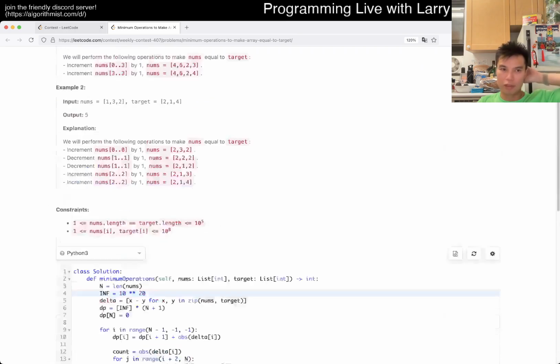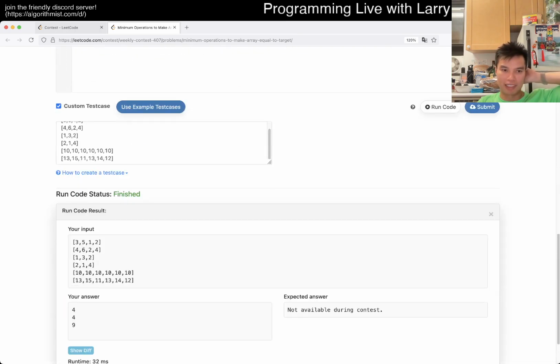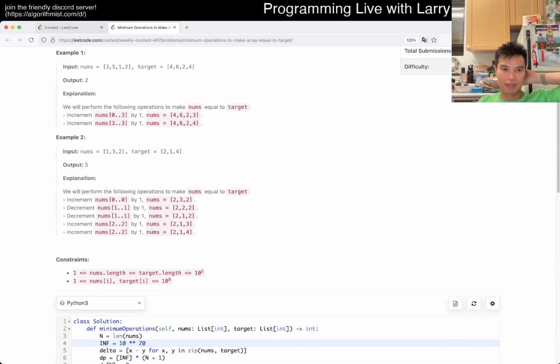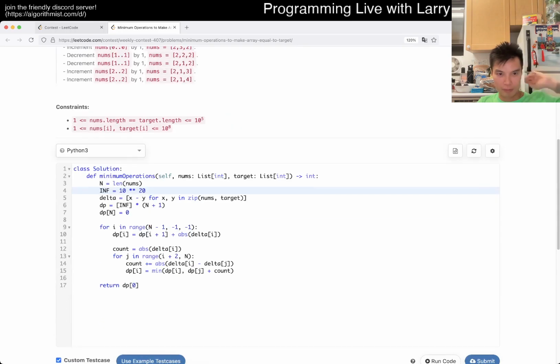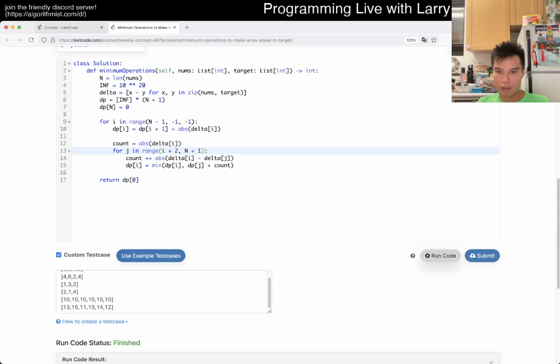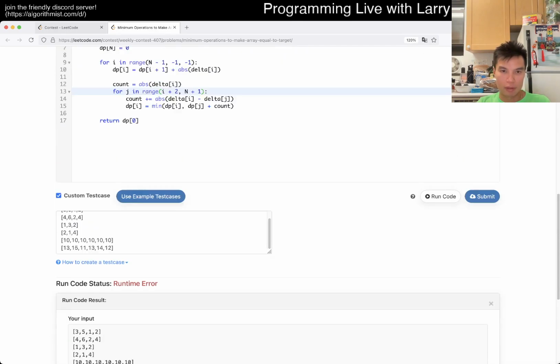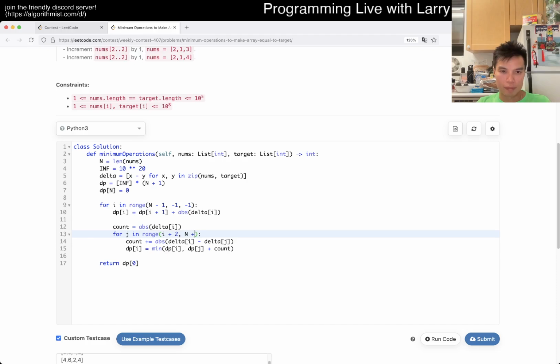Yeah, that's what I want to do. Okay, maybe not, because this is not 2. I wonder how this gets 4. Oh, maybe this is i plus 1. No, this is j. It's j plus 1, I think.